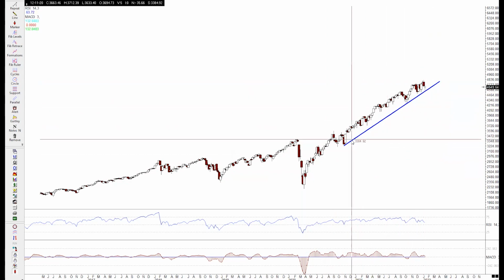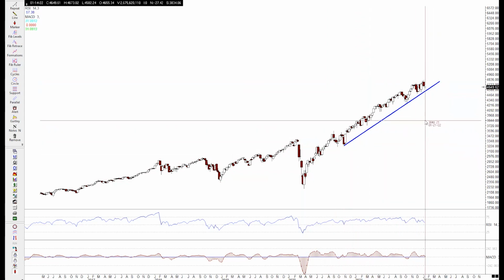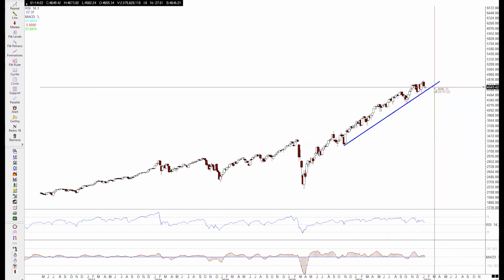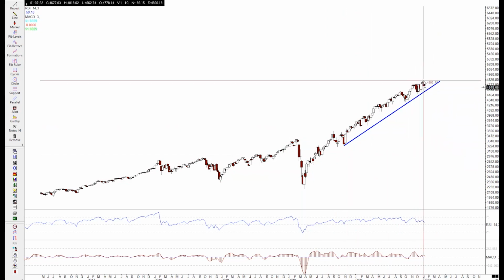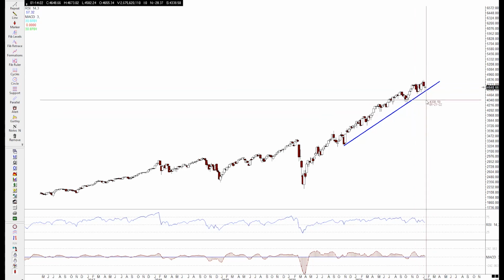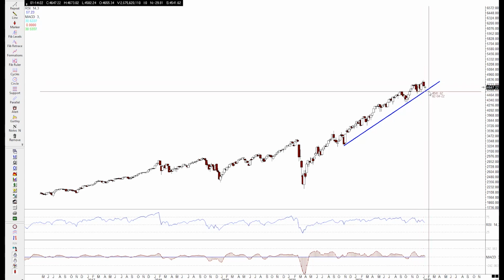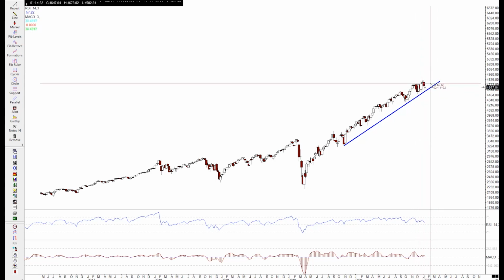We can see a succession of higher highs and higher lows, and we can define an uptrend with that. But if we look back here on this weekly chart, there's a lot of back and forth: the bears have control, the bulls have control, the bears, the bulls. We can see that with these candle bars, and it's something we really haven't seen a lot of.